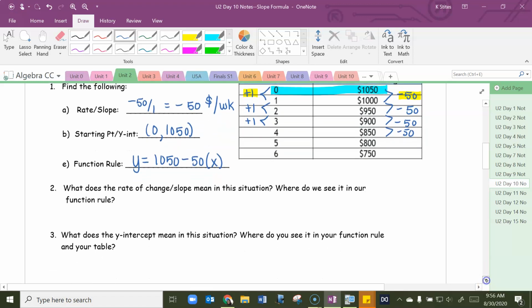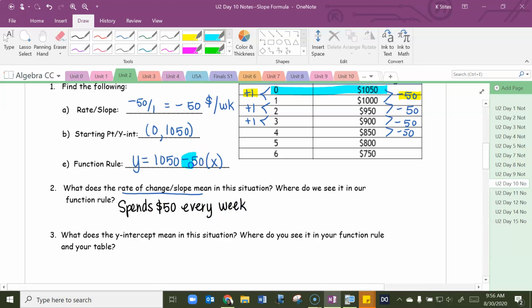Let's make sure we understand what these numbers mean in this situation. What does the rate of change or slope mean? And where do we see it in our function rule? Well, that negative $50 per week just means he's spending $50 every week. And where do we see it in our function rule?